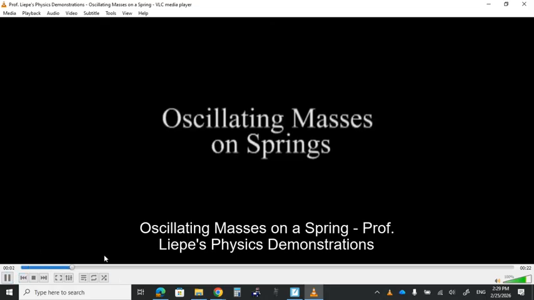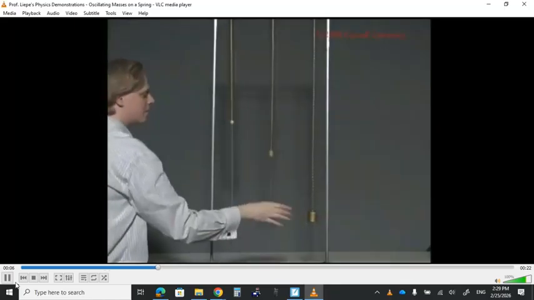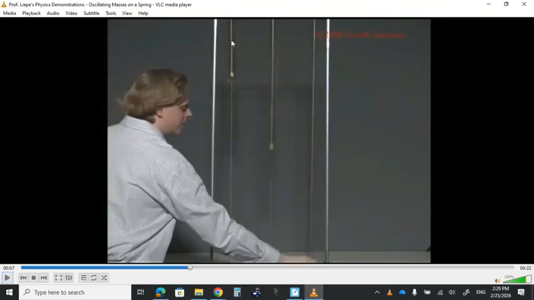I don't know if there's going to be volume or not. This is the same springs, and what you have is a light mass, a small mass, a medium mass, and a largest mass. At the start, you can see they are hanging, and this one stretched the farthest because it's the heaviest mass.